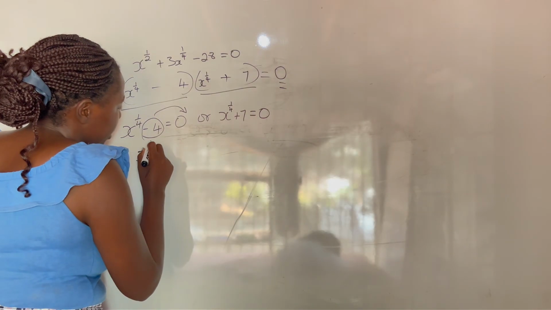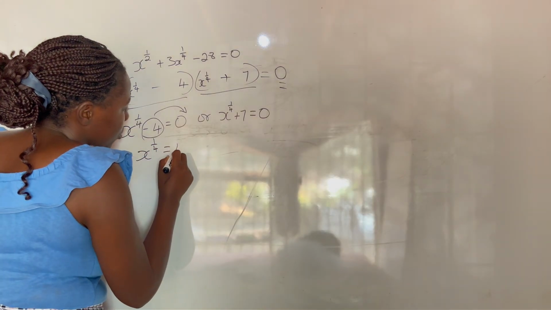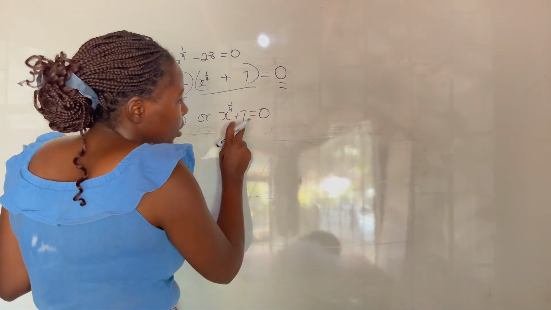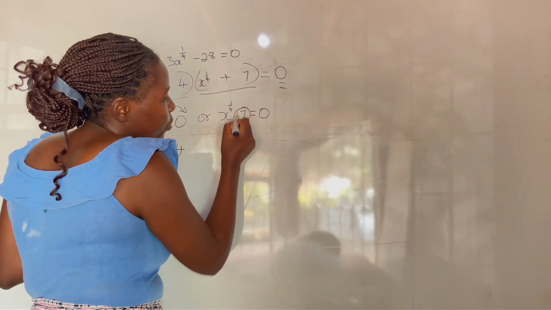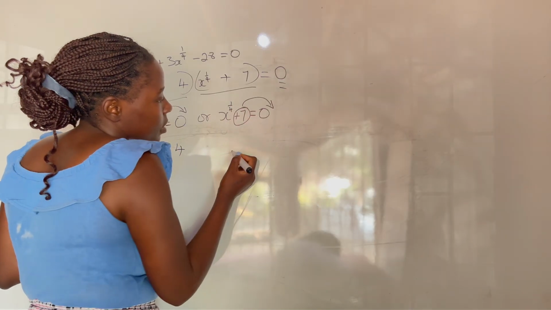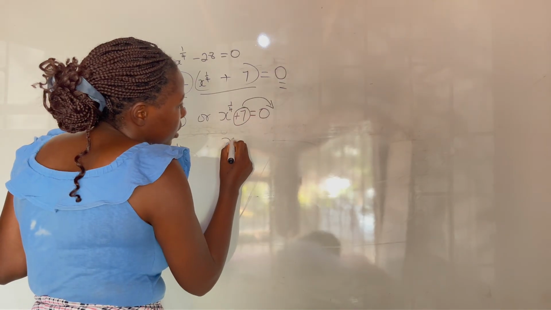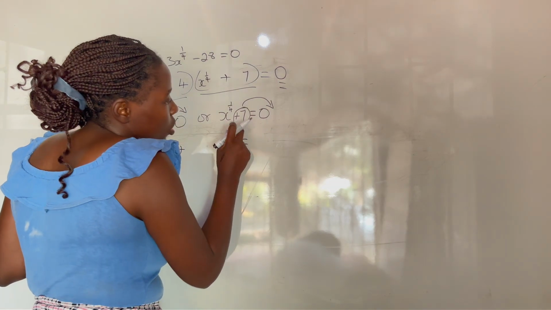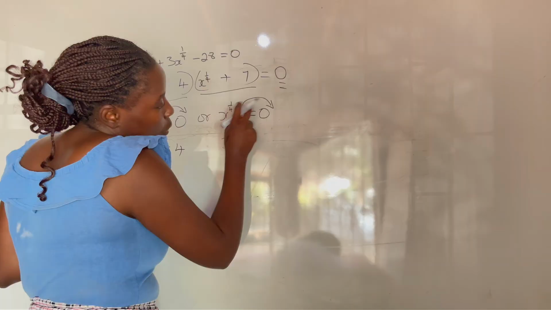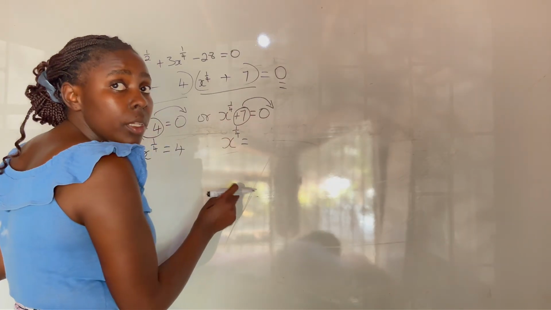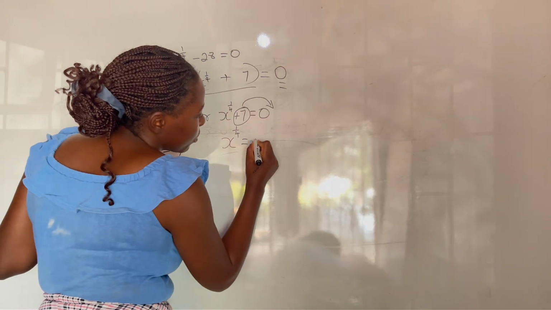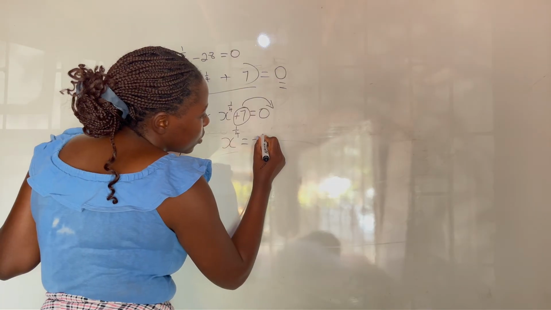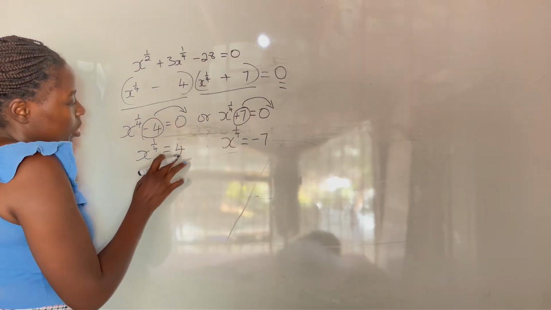So we will have x^(1/4) is equal to +4. Then on this side we're going to take this +7 to the right hand side. Then we will have x^(1/4) is equal to, because this one was +7, when it comes to the right hand side it has to be -7. So x^(1/4) is equal to -7.